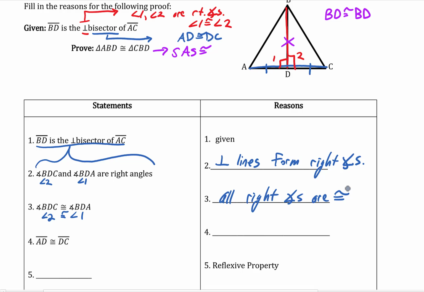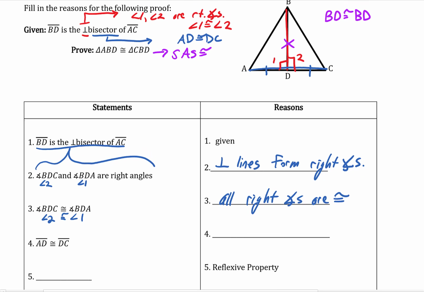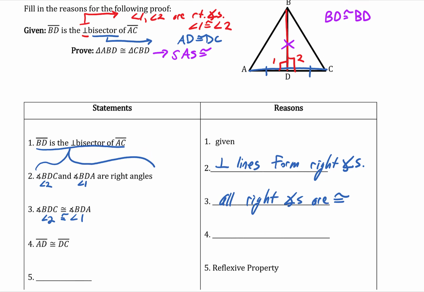We usually do this in one step. Now the next part still uses the idea that BD is a perpendicular bisector of AC, but this time we're using the bisector part. So we have AD is congruent to DC.